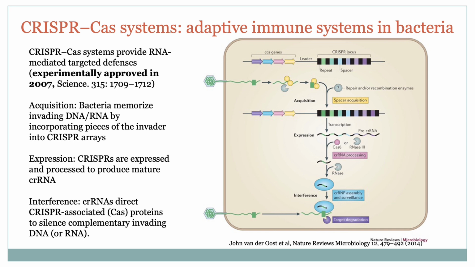The plot on the right shows the different stages involved in the CRISPR-Cas systems: the acquisition of new spacer sequences, the CRISPR RNA biogenesis, and the target interference against invaders, in which the mature CRISPR RNAs direct Cas proteins to silence complementary invaders.